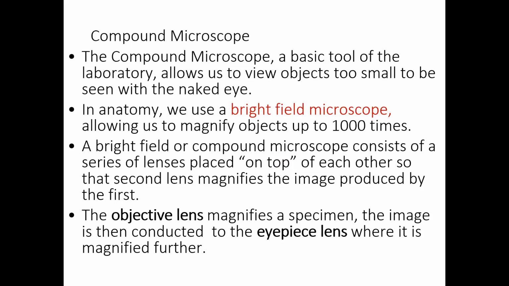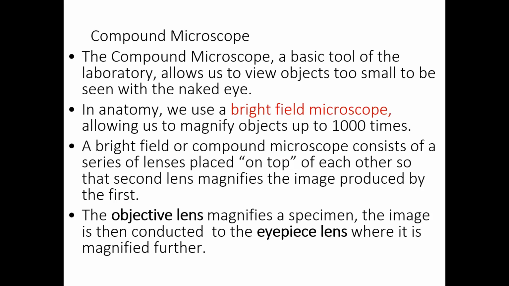Early microscopes had a lens and an eyepiece, and whatever magnification you had with that was what you were stuck with. So if you wanted to look at something under a higher magnification, you had to use a different microscope. But our microscopes allow us to select between 40 magnifications and 1,000 magnifications.